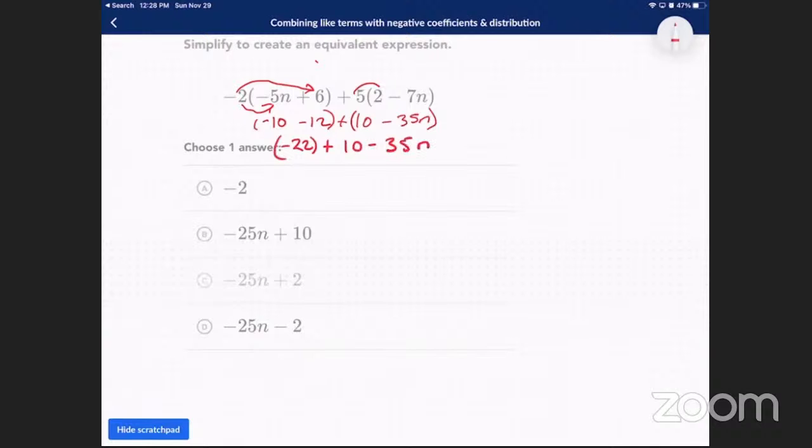And then we have negative 22 plus 10. I think we can leave this right now and see what we're going to do afterwards. Now we have something like we had before, right? Like the original way we're doing it. So we have negative 22 plus 10, so we can just turn this into a negative 12. And then we have minus 35R. No, 35N.